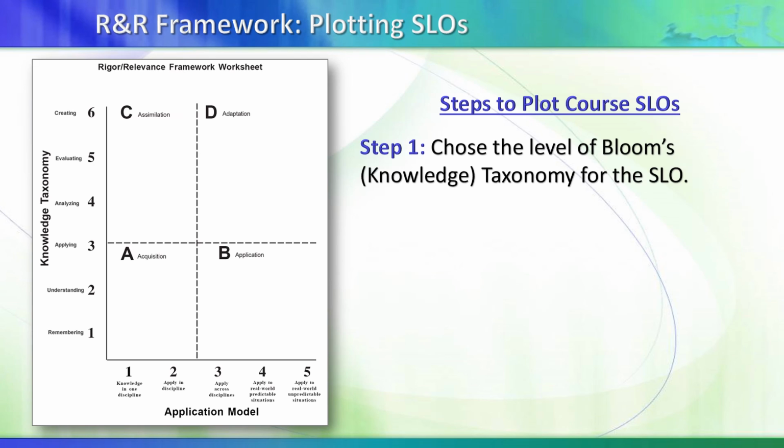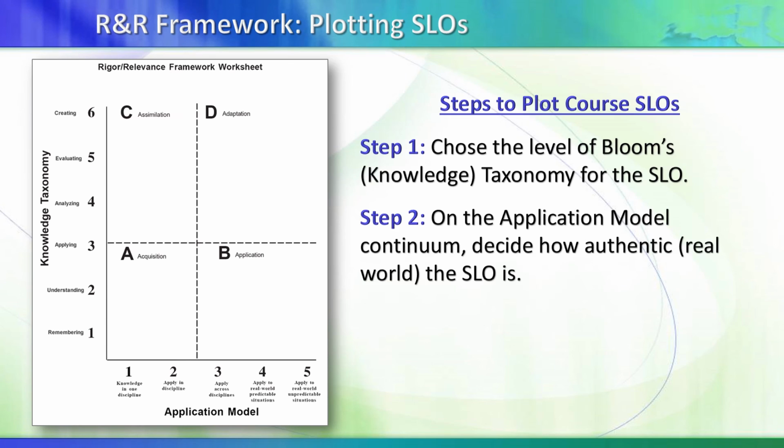Next, let's discuss how to plot SLOs on the Rigor and Relevance Framework. To plot an SLO, you will begin by choosing the level of Bloom's knowledge taxonomy for the SLO. By deciding on that level, you have narrowed the possible quadrants down to 2. Next, decide how authentic or real-world the SLO is. Is it real-world application?